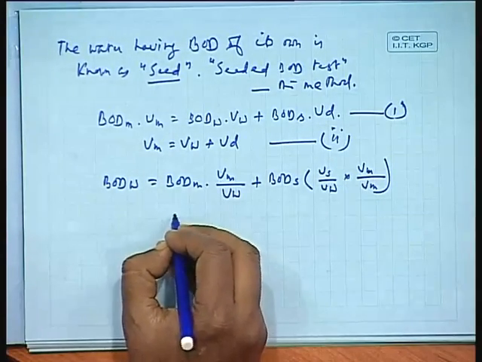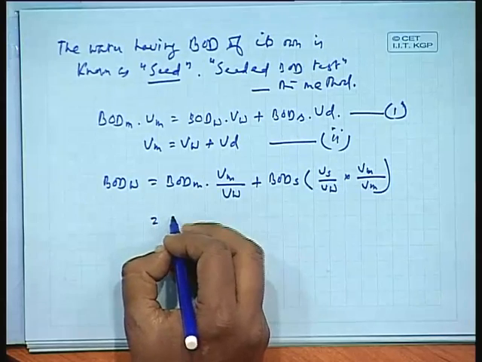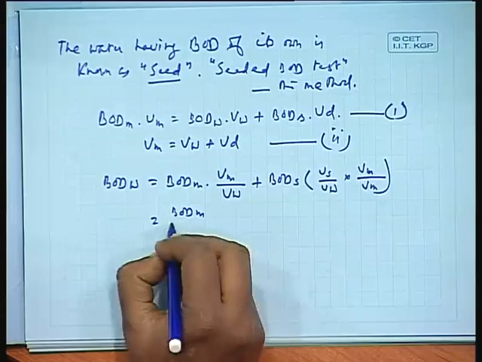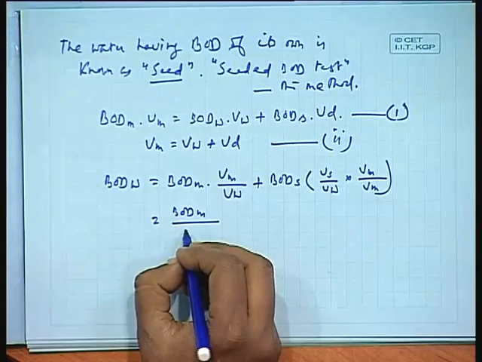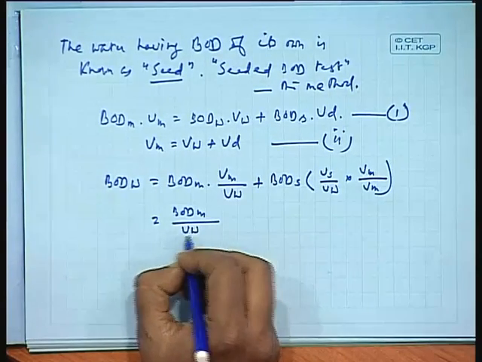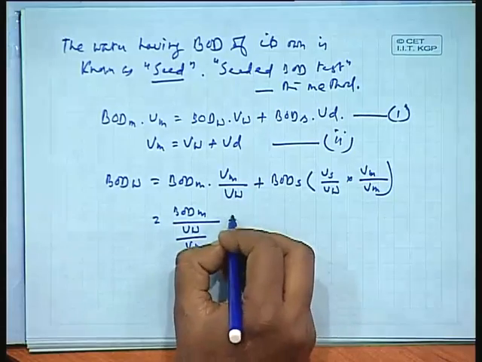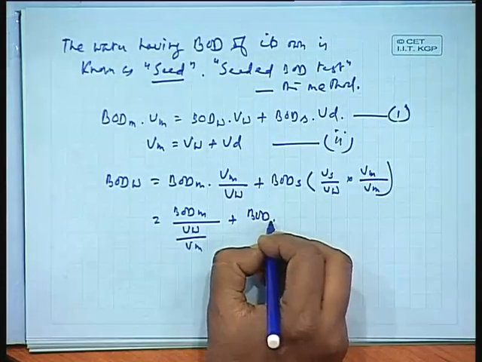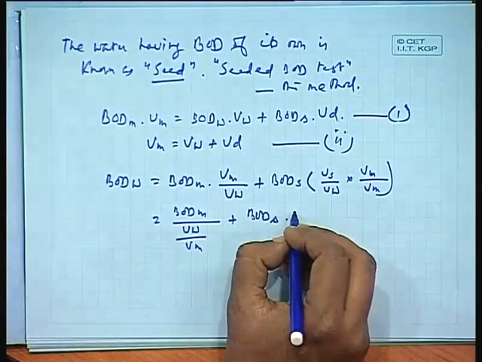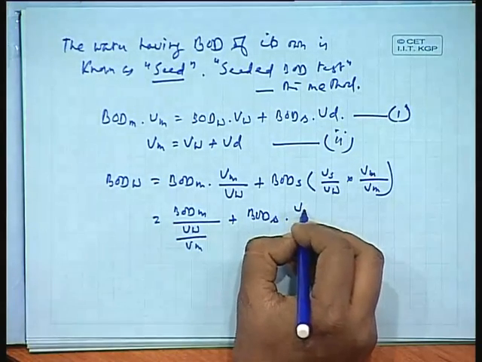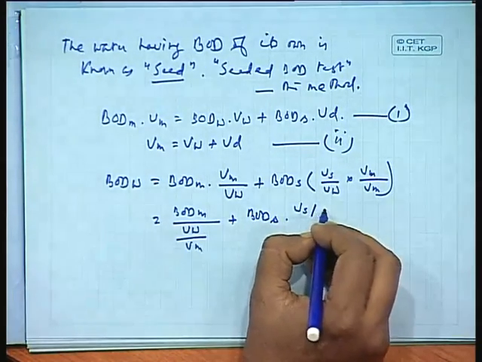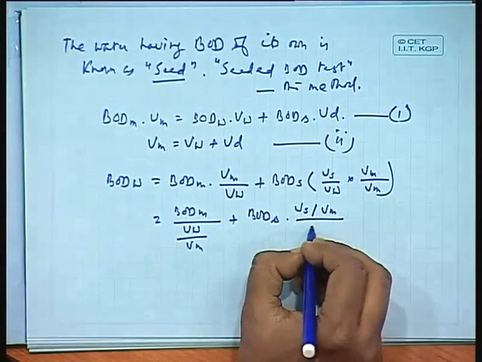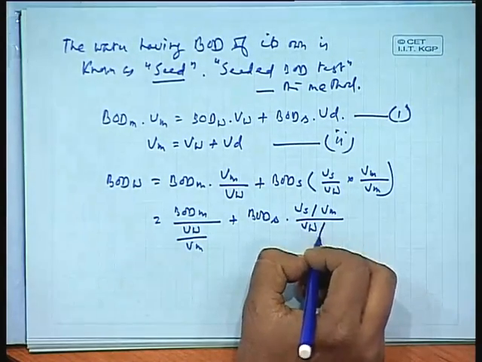So, all this can be written as BODm divided by Vw by Vm, which is very simple, minus BODs times Vs divided by Vm, divided by Vw divided by Vm.